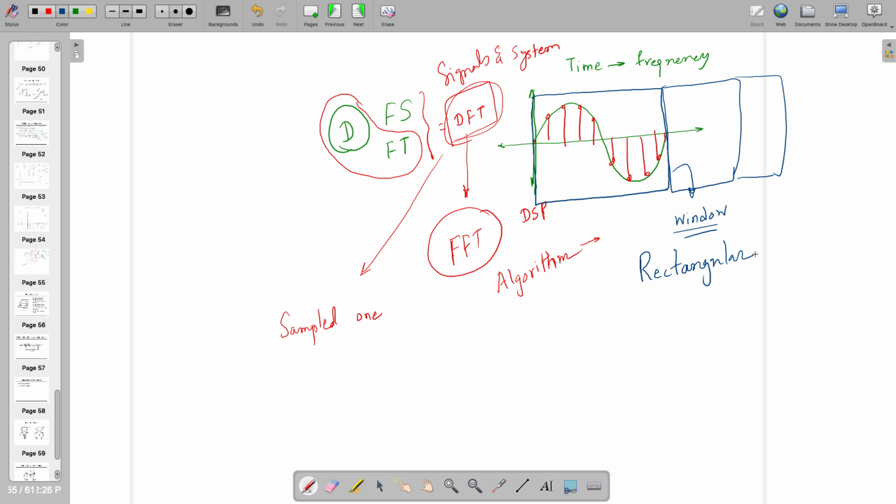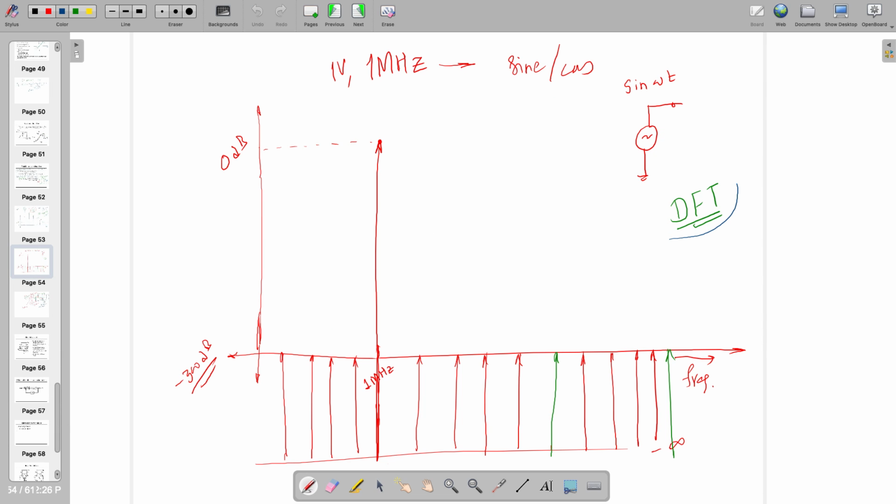So from here to here you are counting all the samples for a given sine wave or maybe cos or anything. If you know the number of samples which you need, then you can find out the spectrum of frequency. So it's not straightforward that if you are applying DFT, you are going to see this one, but if you are applying DFT properly, you are going to see this one.